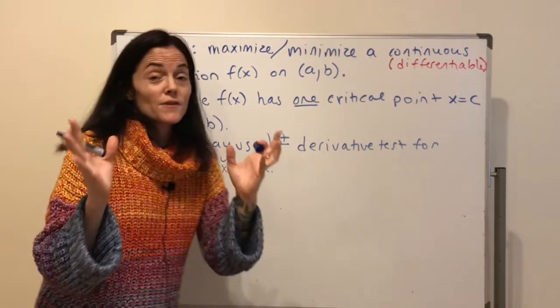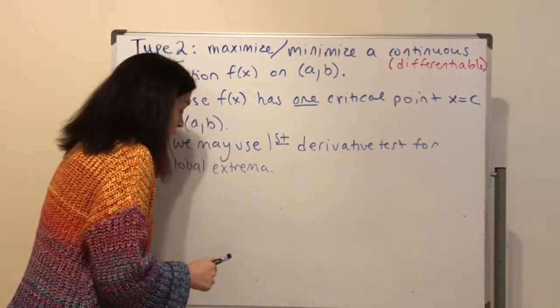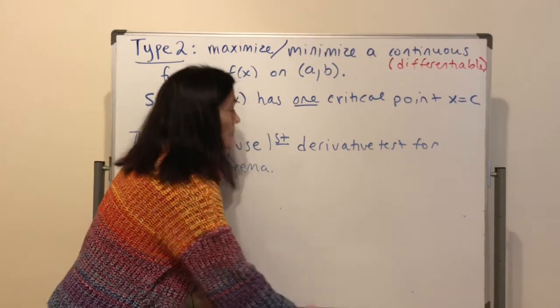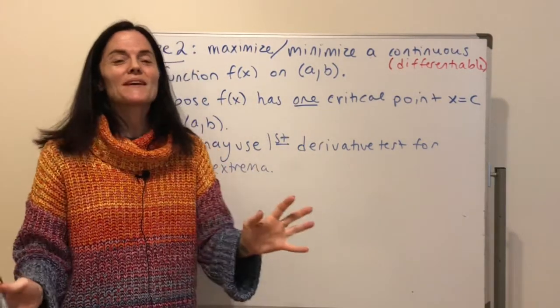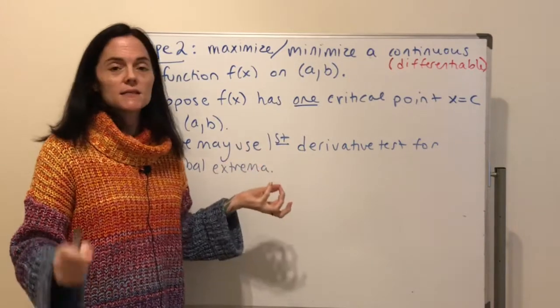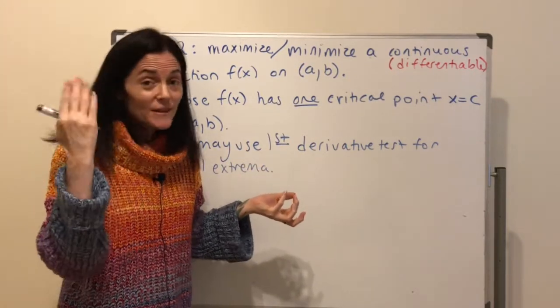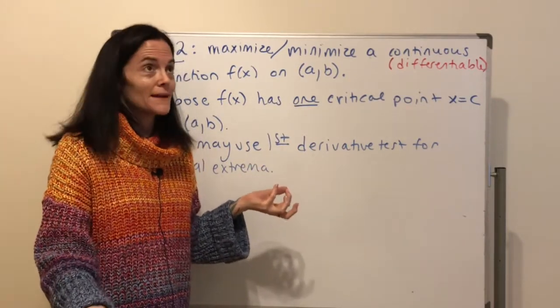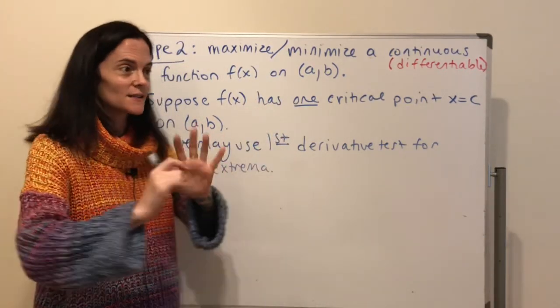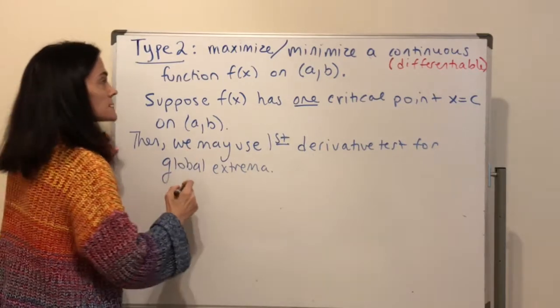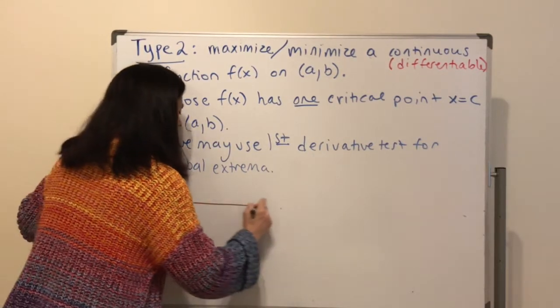We know the first derivative test is something we use for local max, local min, but when you are in the case where you have one critical point, the first derivative test will tell you not only is it a local min or local max, whichever it may be, but also that it is global. And the idea is quite simple.